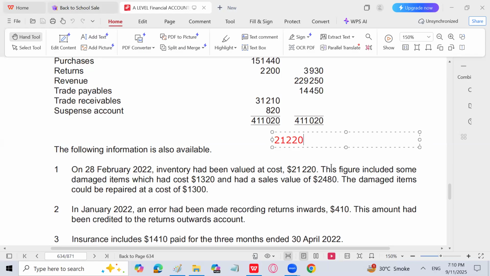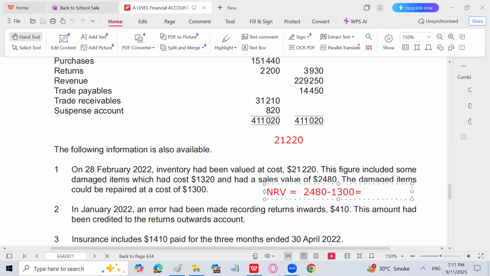But this figure includes a damaged item which had cost 1320 but had a sales value of 2480 after repair cost of 1300. So the NRV, net realizable value, of this inventory is 2480 minus 1300. Why?